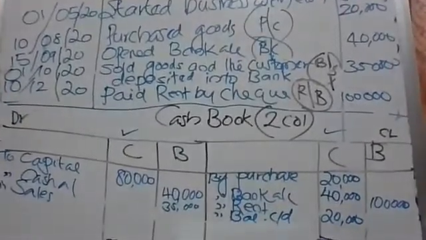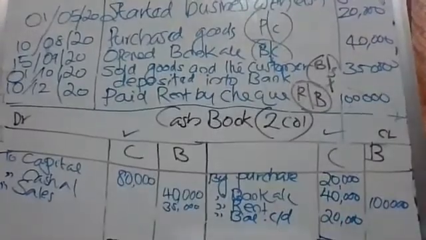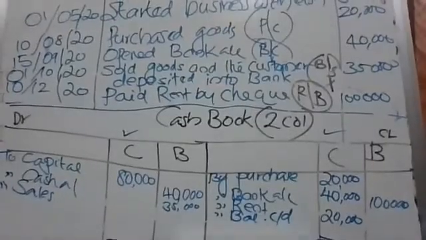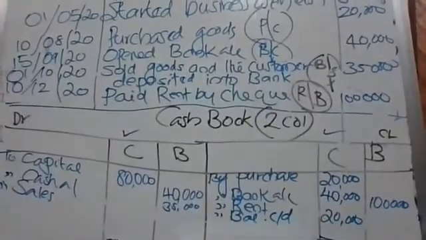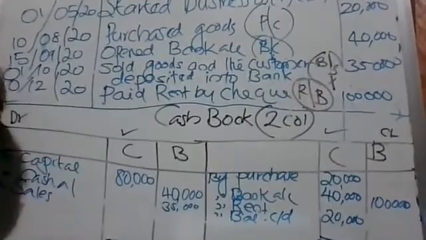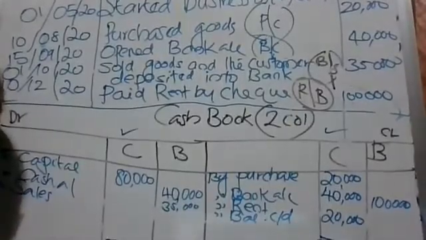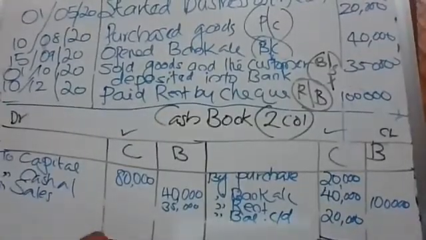What is the next step, Kavishri? And then by balance brought down, sir. When you are writing something on the debit, what is the prefix? By, sir. Where will we write it, inside the account or outside the account?